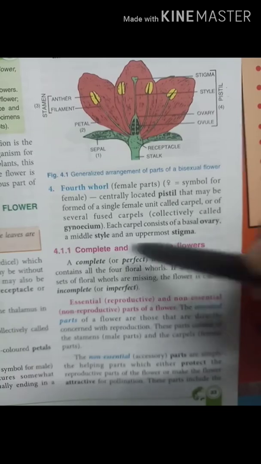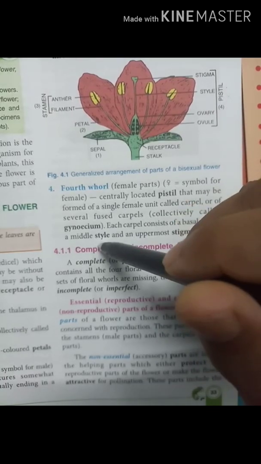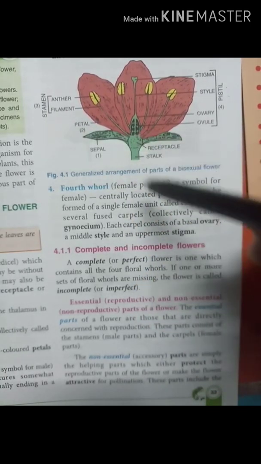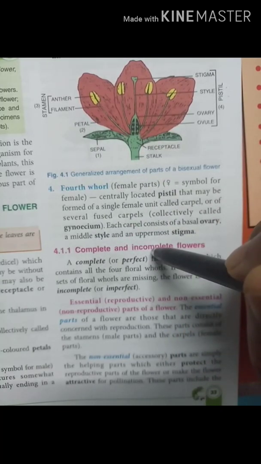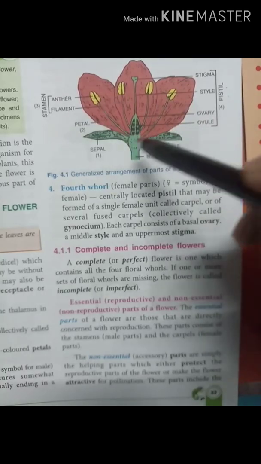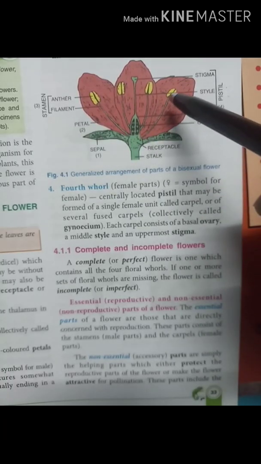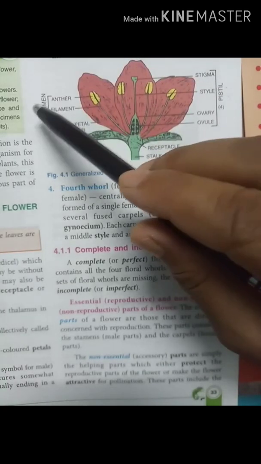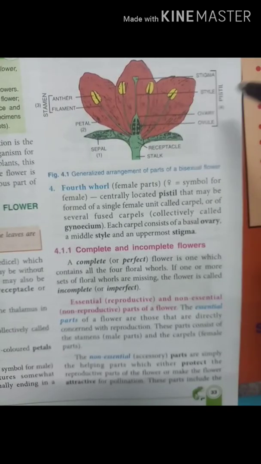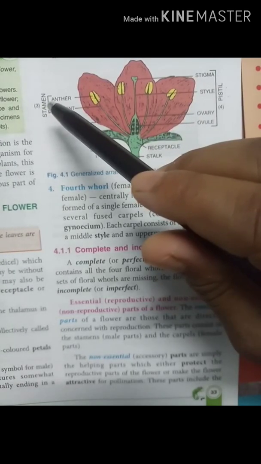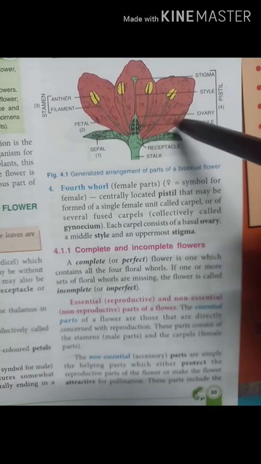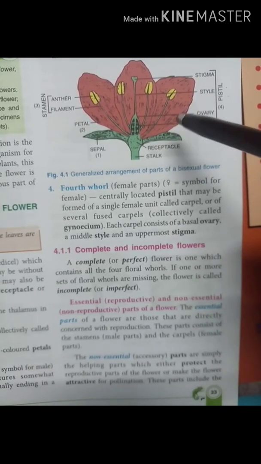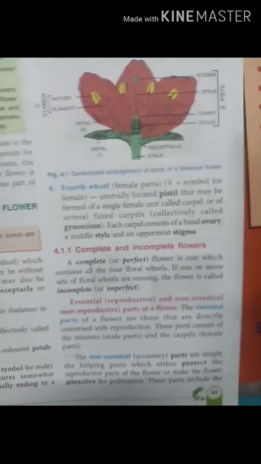Incomplete means imperfect, complete means perfect. Complete means all four floral parts. Incomplete means absence of any floral part, especially the reproductive parts, stamen and pistil; either stamen or pistil will be missing. But the other two parts, petals and sepals, are the common structures.